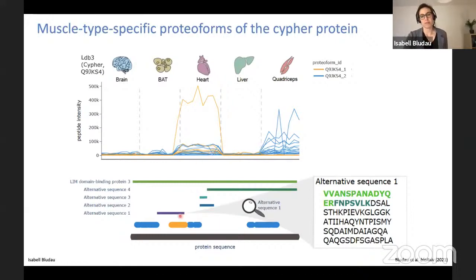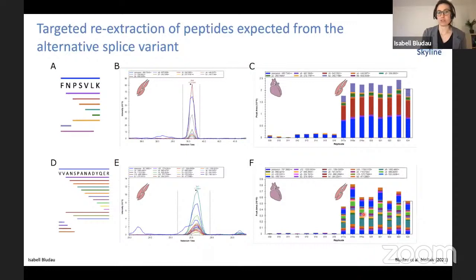If we now map these peptides back to the protein sequence, we could see they span a known alternative sequence region. So we looked at the alternative splice variant of the protein in this region, and we performed a targeted extraction in Skyline and could detect peptides in this alternative sequence region. And these peptides were then skeletal muscle specific.